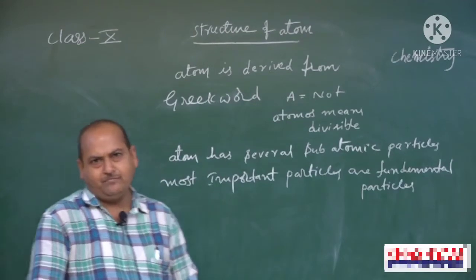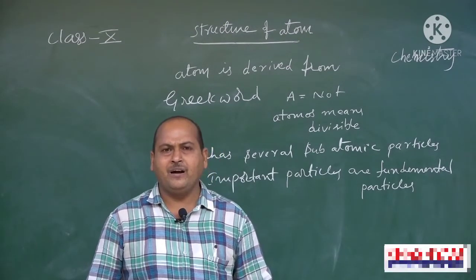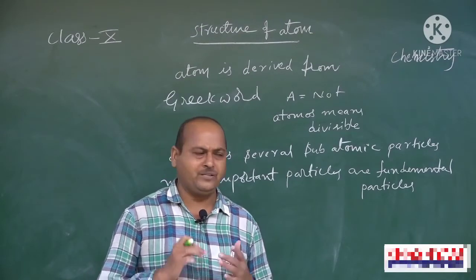So what are they? Mainly three: electrons, protons and neutrons.